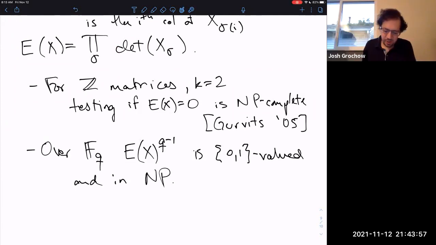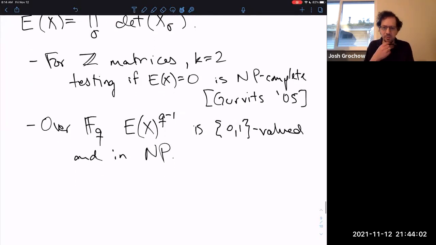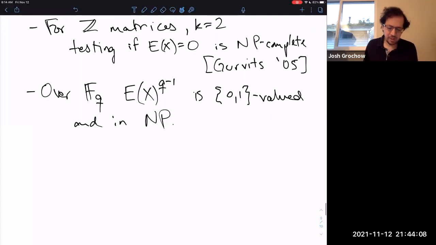And because evaluating it over a finite field is really NP complete, if you want to talk about P versus NP in this context, one thing you can say is consider any function that evaluates the same as E of X over a given finite field.